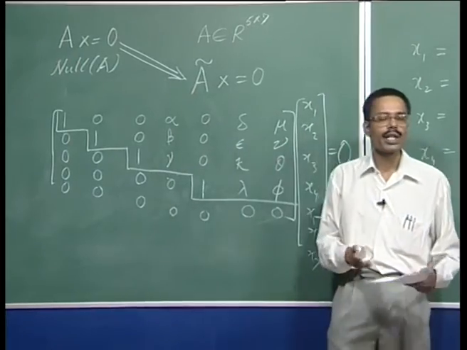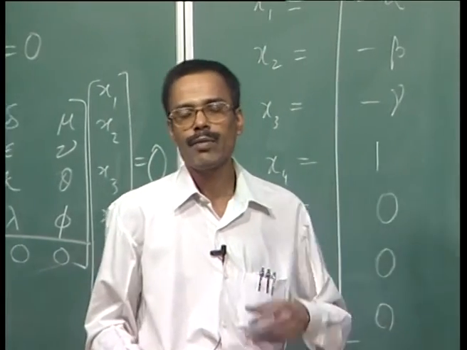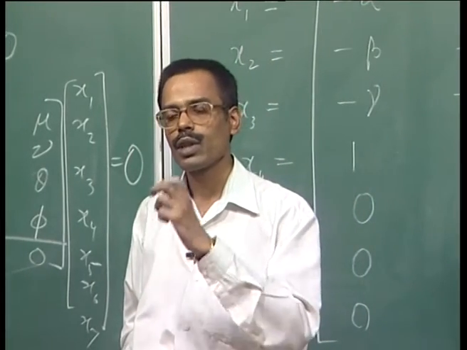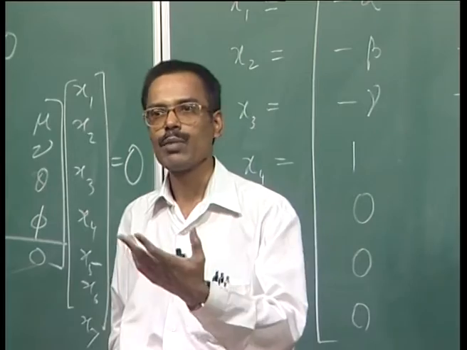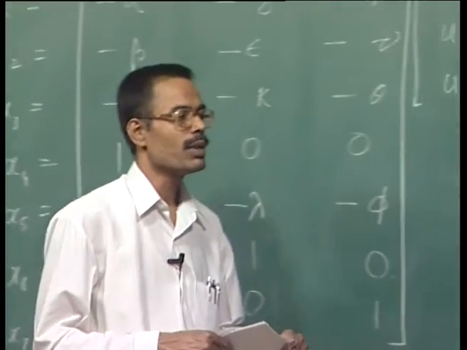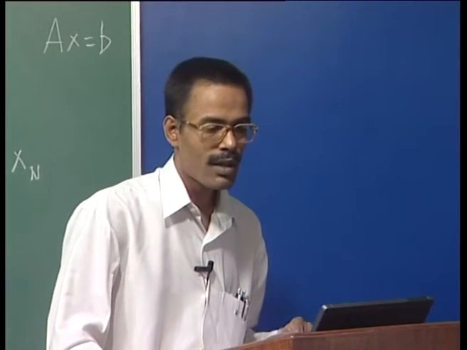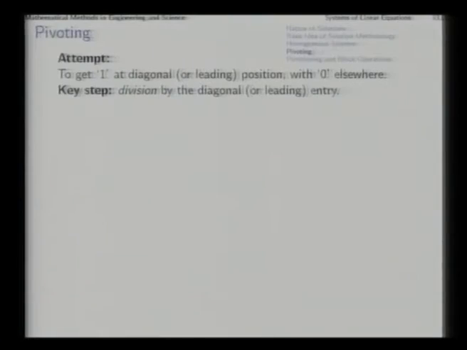But typically in numerical work, if that number is very small, then division with that number may lead to numerical errors, which may turn out to be quite unacceptable at times. Therefore, there is a non-trivial exercise called pivoting. Note that this kind of steps typically try to get 1 at the diagonal or leading position with 0 elsewhere. A key step is division by the diagonal or leading entry.